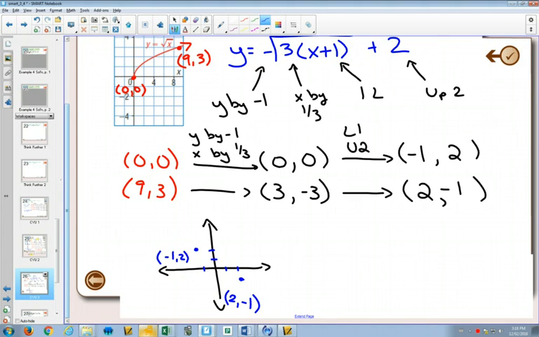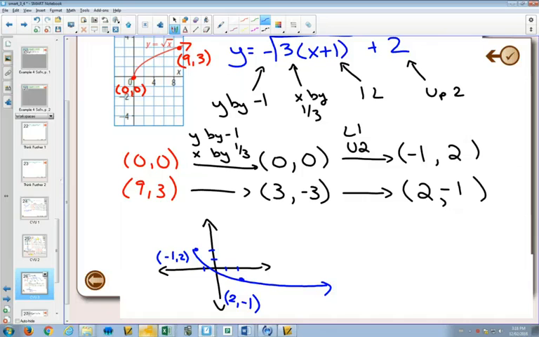Now this is where drawing 2 points can be dangerous, because you have a choice now. You could either curve it down this way or curve it this way. Both of those look somewhat like our regular square root. Which is the one that's going to be the right one? So which one's curving it down? Like this?